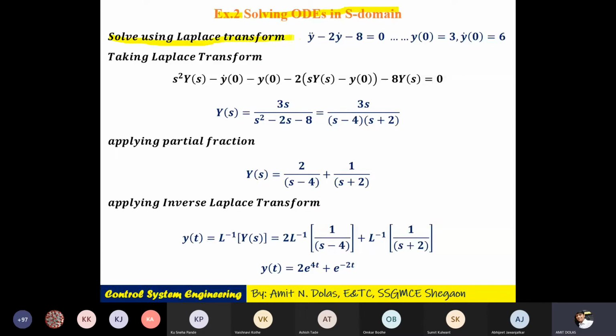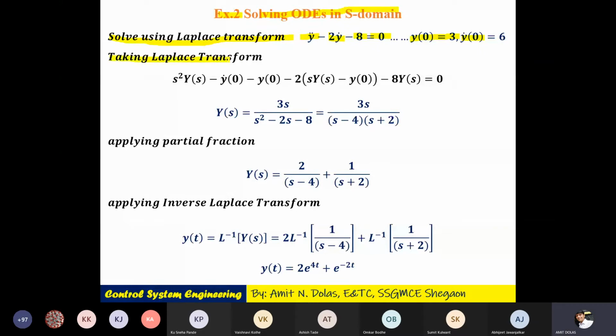Solve using Laplace transform, where the ODE is given: y double dot minus 2y dot minus 8y is equal to 0, where the initial conditions are not 0 now. Y(0) is 3 and y dot(0) is 6.